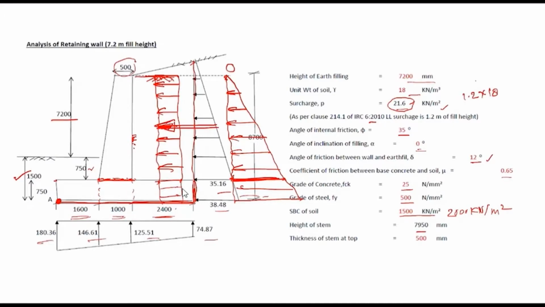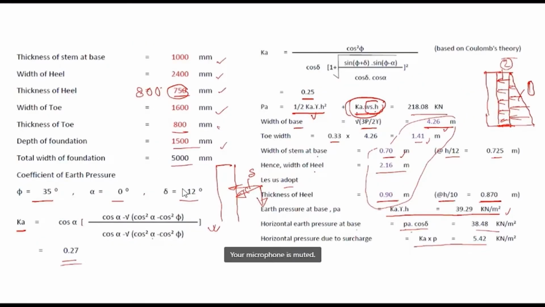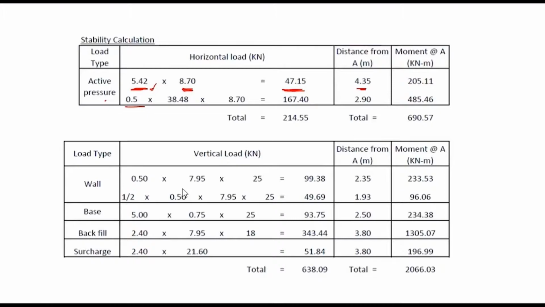From here to here, because this was the force, and the bending moment will be this force into this lever arm, Z. So these are for surcharge, and this is for active earth pressure. This is the total pressure, and here this lever arm will be H over 2.